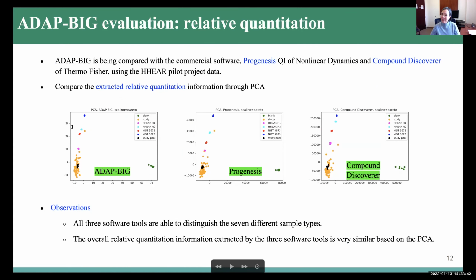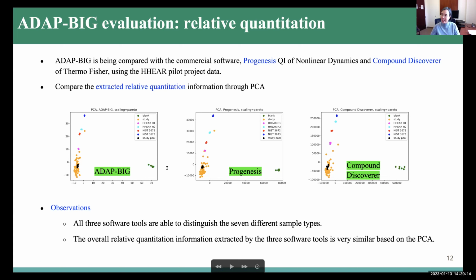Of course, we have been trying to rigorously evaluate the performance of ADAP Big. The first evaluation is to look at the overall relative quantitation. Here we compared ADAP Big against two commercial software tools, Progenesis and Compound Discoverer, from Nonlinear Dynamics and Thermo, respectively. We used the pilot project data produced in the past couple of years from the HERE program.